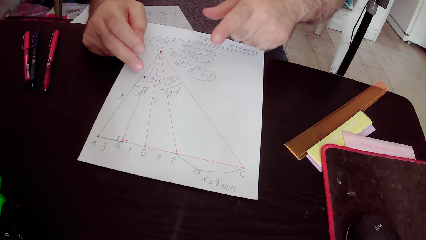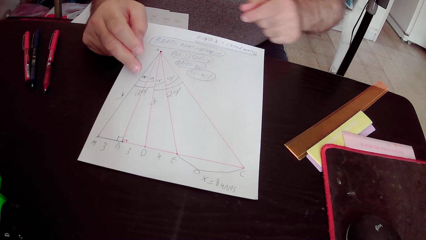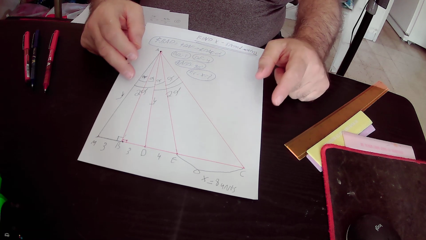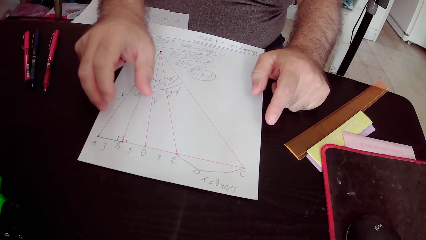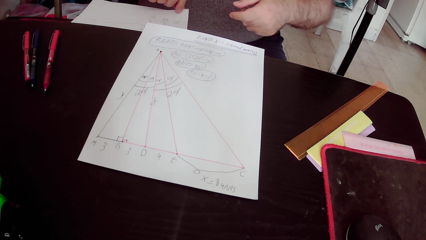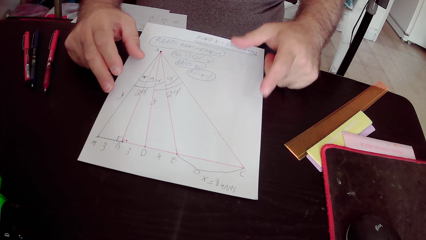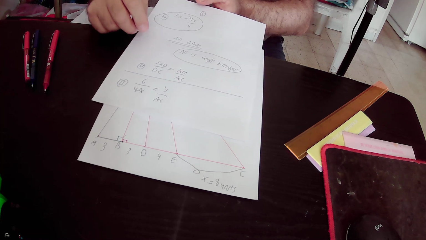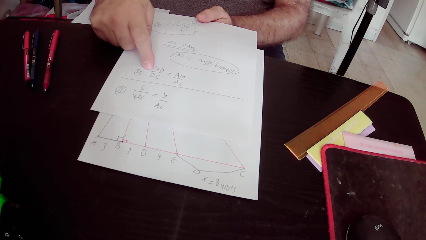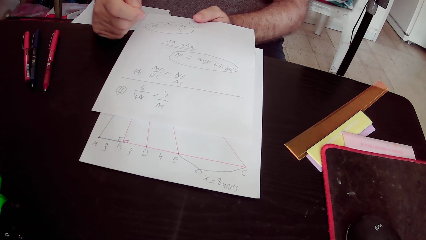Therefore, according to the angle bisector theorem, the angle bisector AD divides side MC in a ratio MD over DC, and that ratio equals the ratio between the angle legs, that is AM over AC.